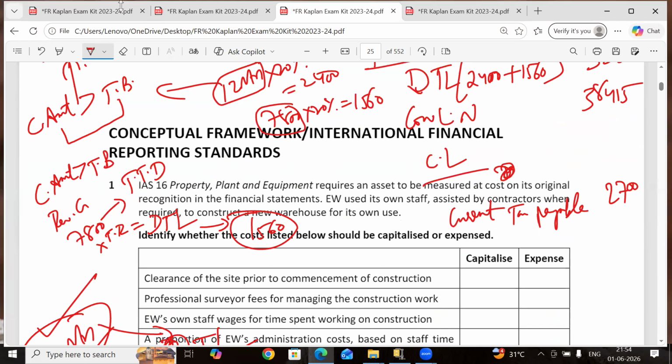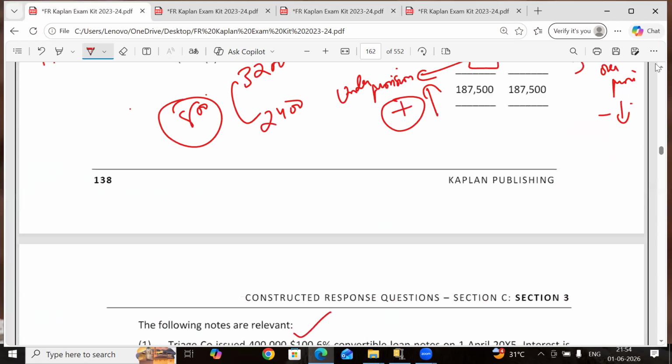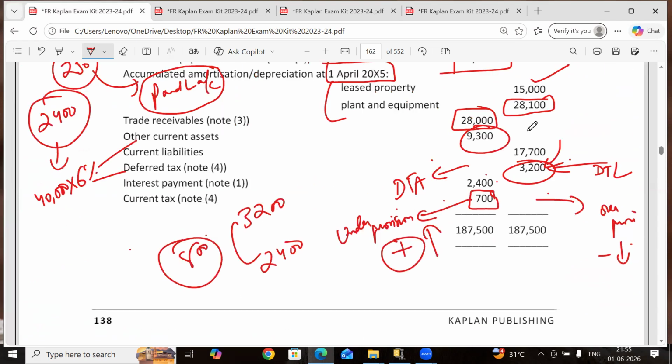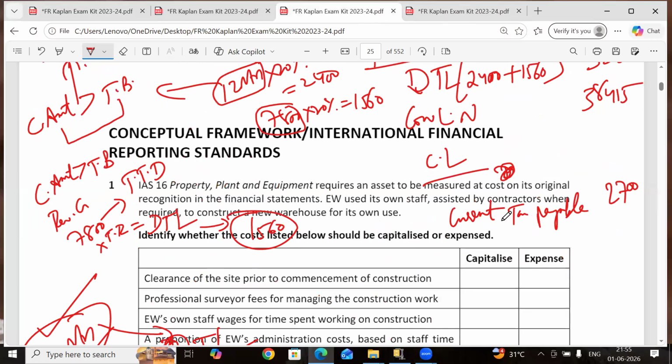And what more amounts are left over in the current liability section? 17,700 is the current liabilities.